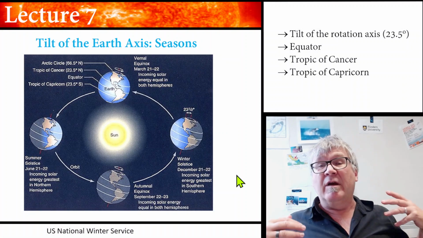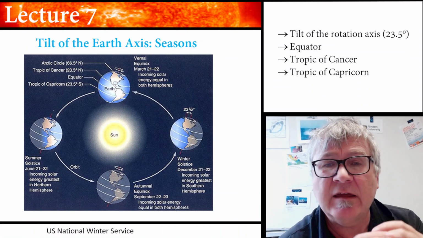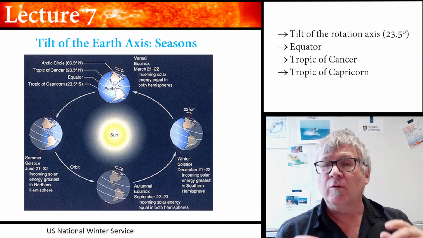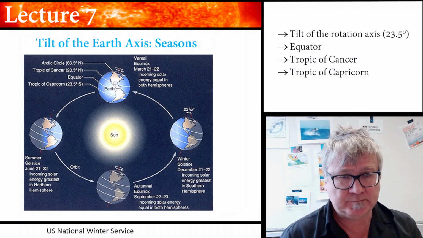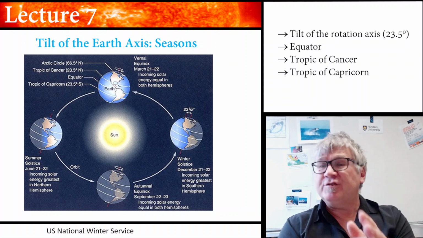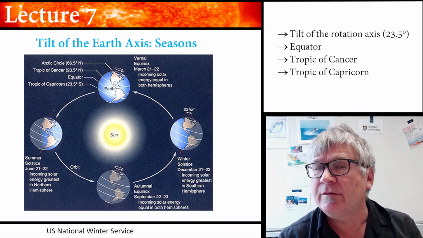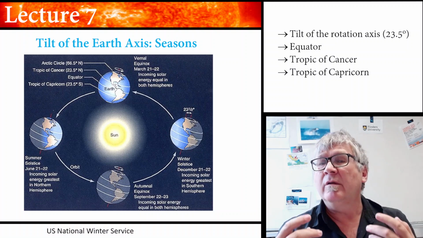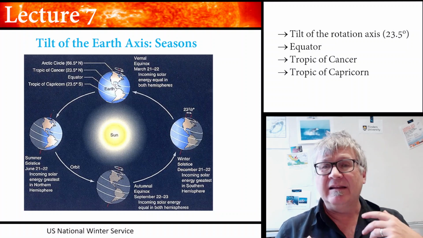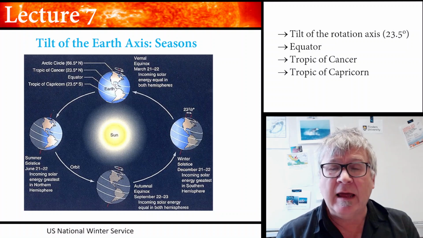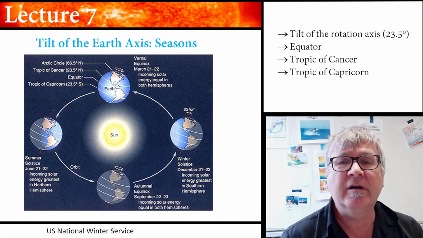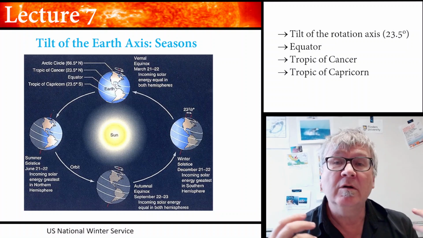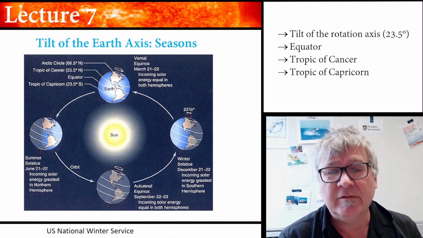And now you have different types of effects that you can link to the way the Earth rotates around the Sun. The first thing, top of the list, is that the Earth rotates, and that gives rise to the day-night sunlight cycle, and you only receive solar energy during daytime, and no solar energy during nighttime.